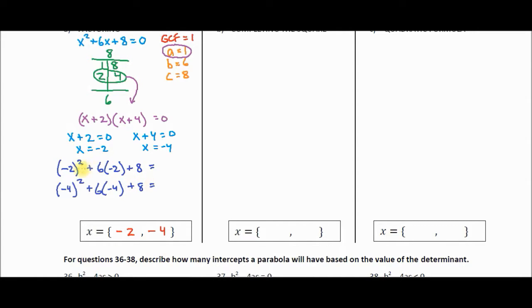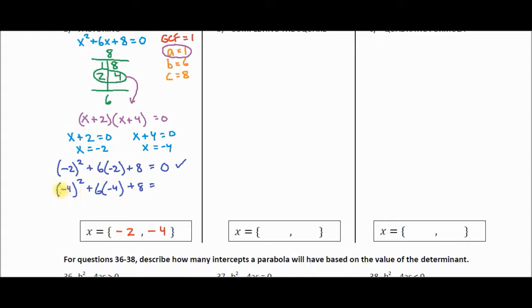Negative 2 squared is 4. 6 times negative 2 is minus 12. So 4 minus 12 is negative 8. Plus 8 is 0. That checks out.